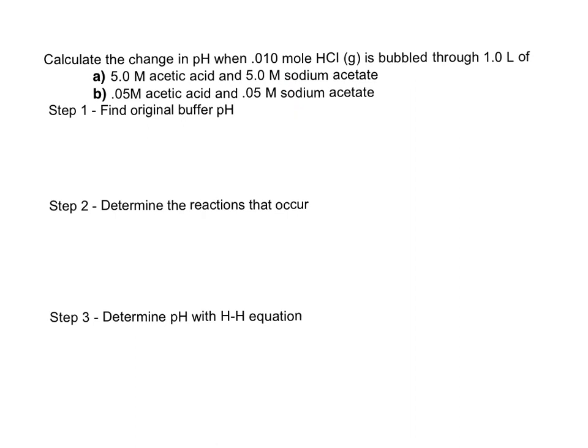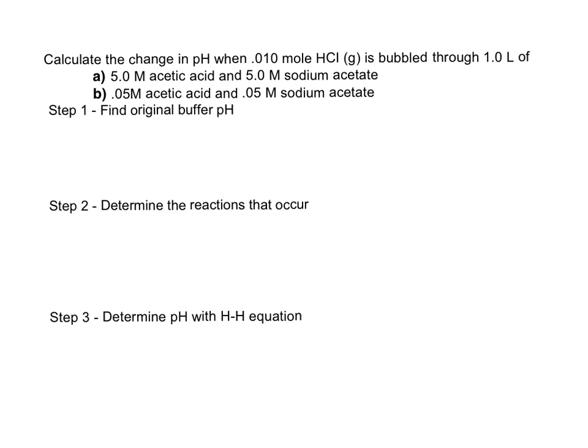So let me do that. The way that you would do that is you would write out your equations. The dissociation of the sodium acetate and the dissociation of your acetic acid. So I'll do that maybe here.